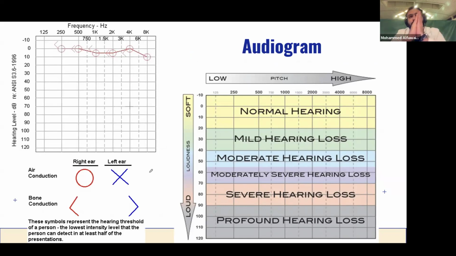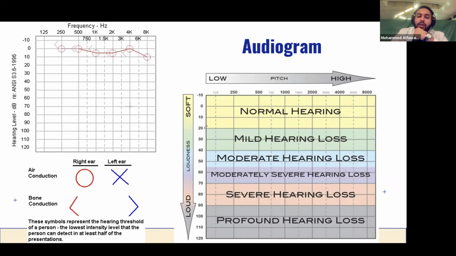So now, we have two important hearing parameters. We have the decibels, which is the hearing level, how loud you hear, and then you have the frequency. So now, in this case over here, what you need to remember is the normal ranges.